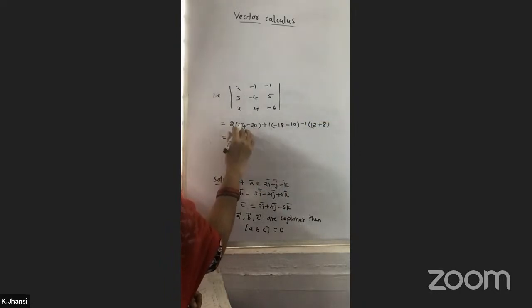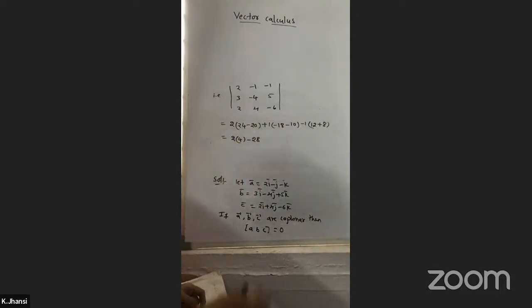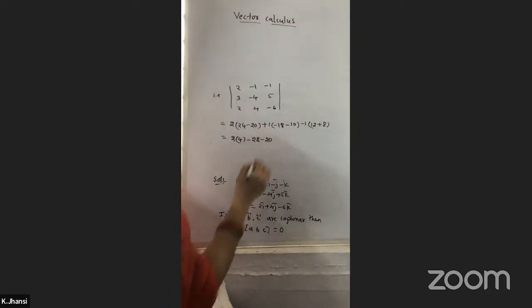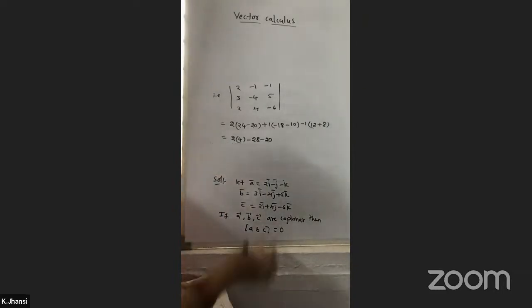So it is 2 into 24 minus 20 means 4, minus 18 minus 10 means it is minus 28. 12 plus 8 means 20. That is minus 20. So minus 20 and here 8 you will get.